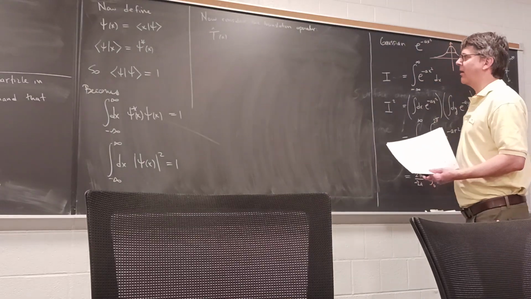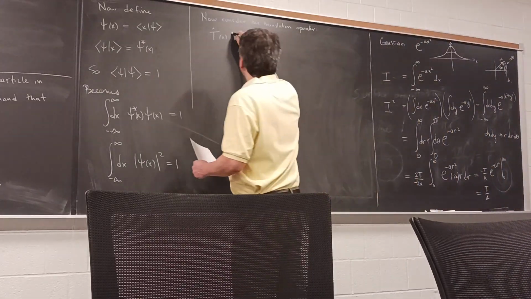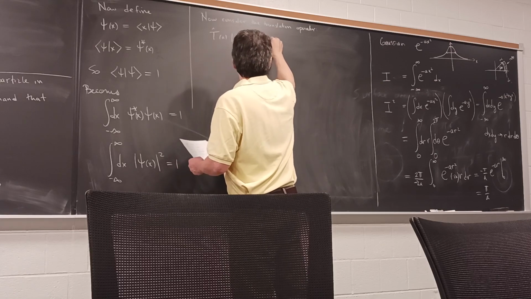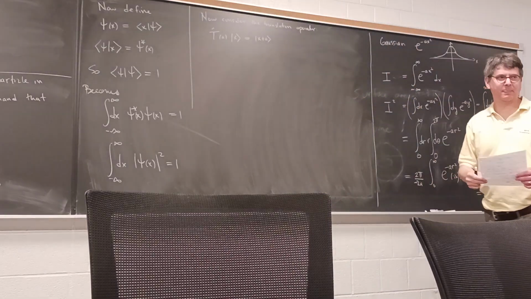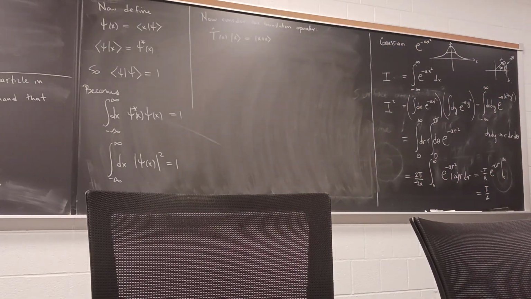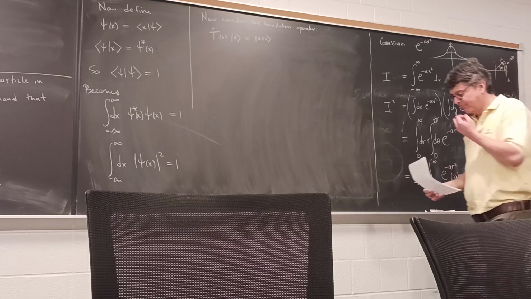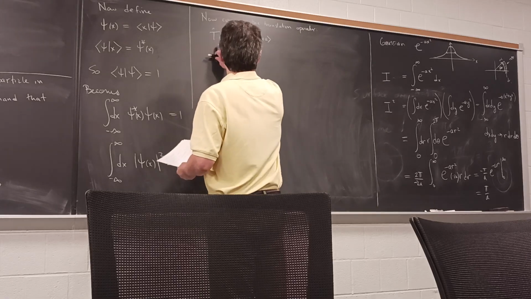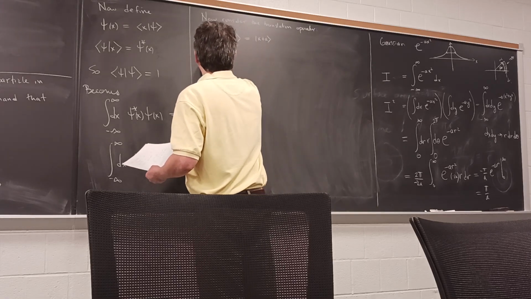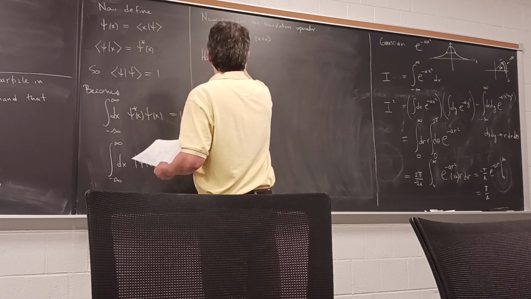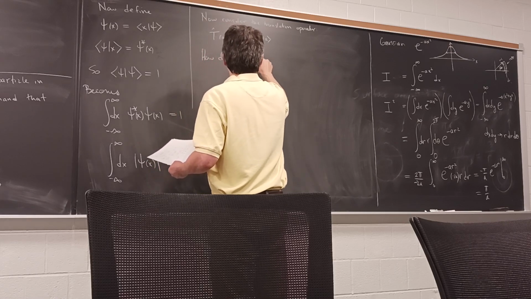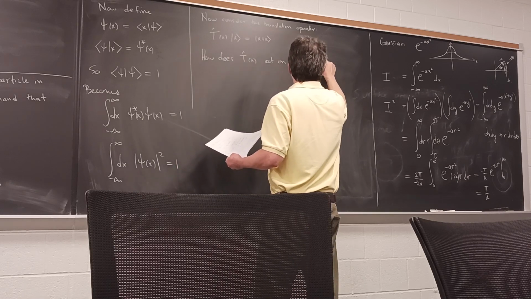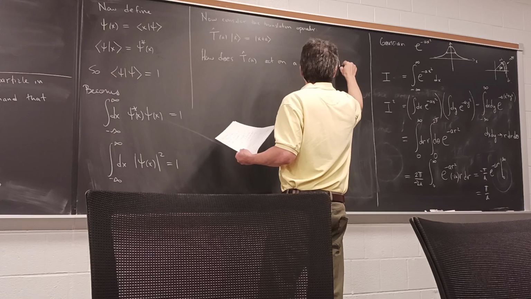If the translation operator acts on a particular state, x, we want it to translate the state to x plus a. State vector. And now let's consider how T hat of a, the translation operator, acts on a state vector psi.